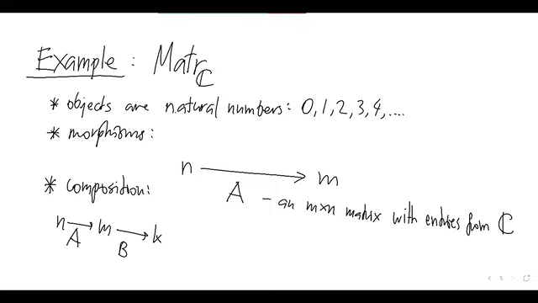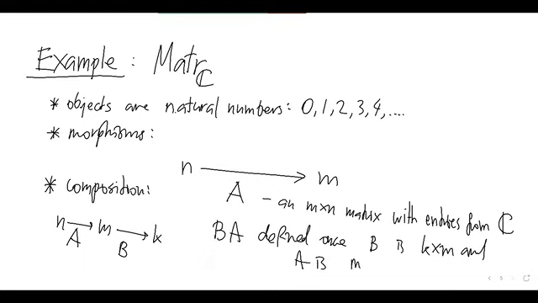In fact, the rule of multiplication of matrices is exactly this rule of matching of dimensionality: the codomain of A must match the domain of B. So BA is defined once B is a k by m matrix, and A is m by n.